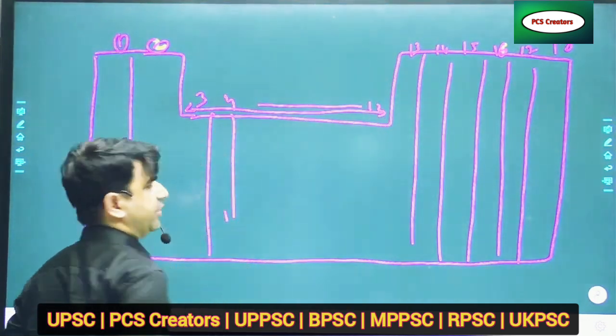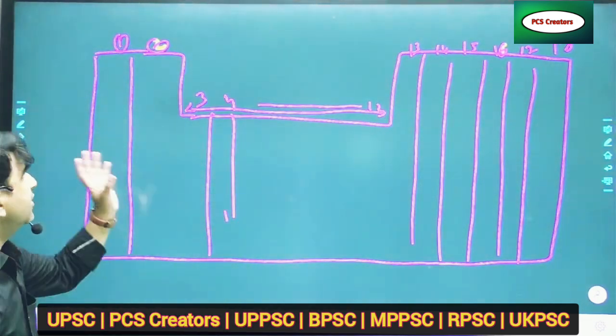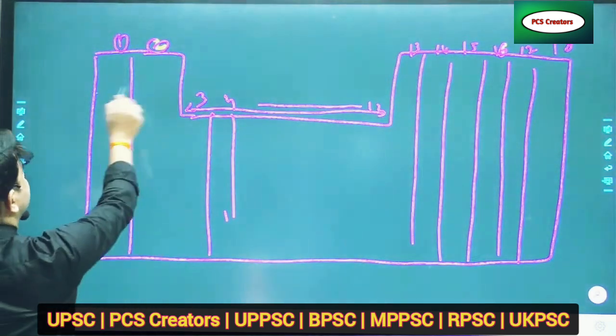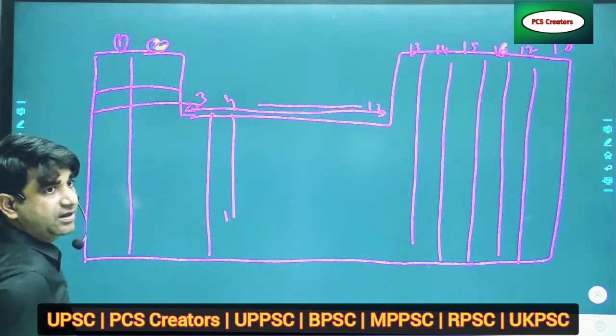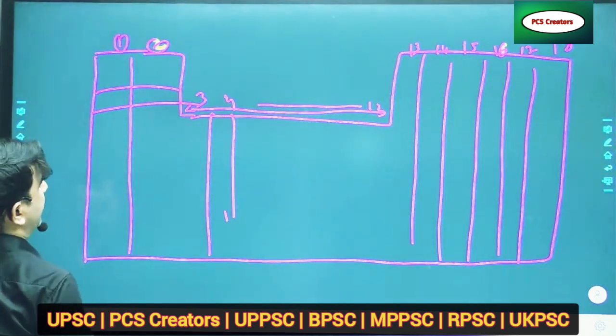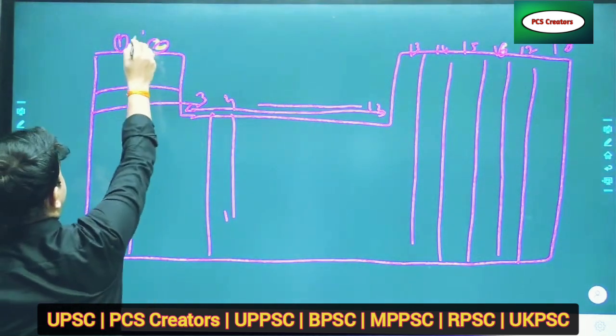Okay, so when we arrange these elements, this is the group first element, that is the group second element, and these are S block elements.